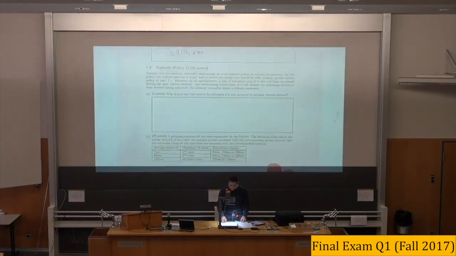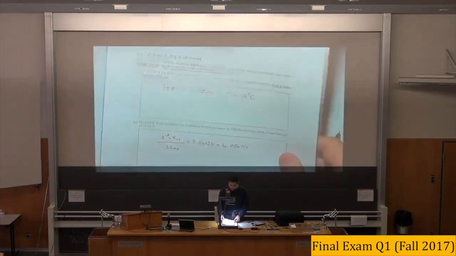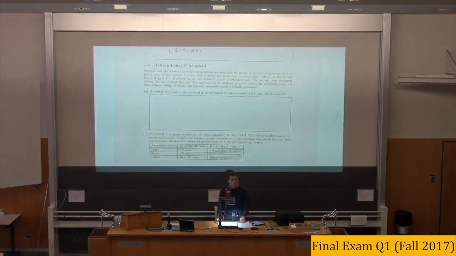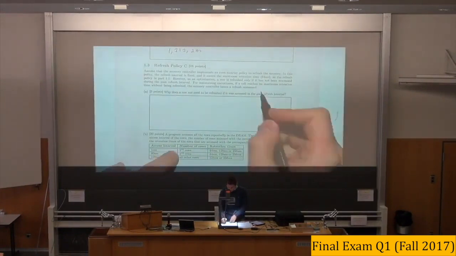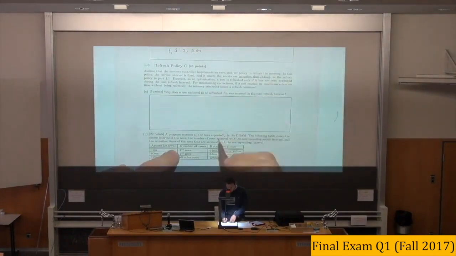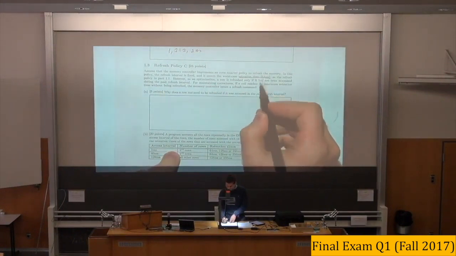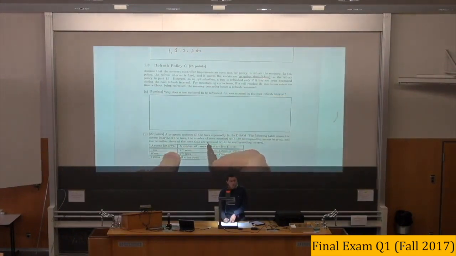So basically, this is the same policy as the first one, where we take the worst case in the retention time, and then the memory controller refreshes all the rows based on this retention time. And the retention time is actually given also here. So the memory controller will refresh all the rows every 64 milliseconds.